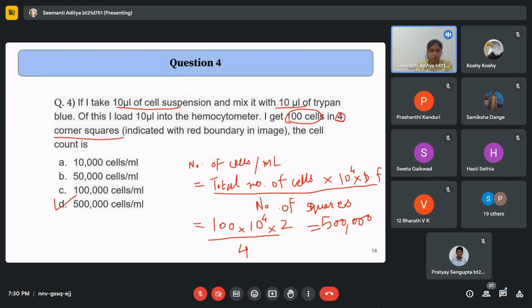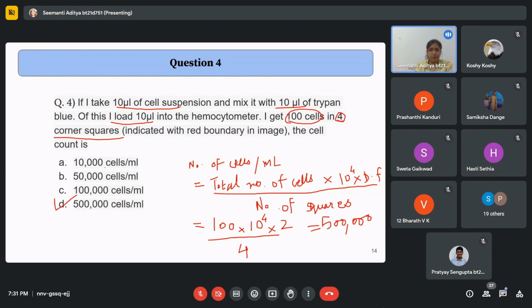Depending upon how much you are diluting it, your number of cells will vary. So don't consider how much amount you are loading. Consider how much you have diluted and then loaded. Even if you have loaded 10 microliter, it is a 1:2 dilution only, because the cell suspension was initially diluted with trypan blue, so it has half the amount of cells compared to the original suspension.